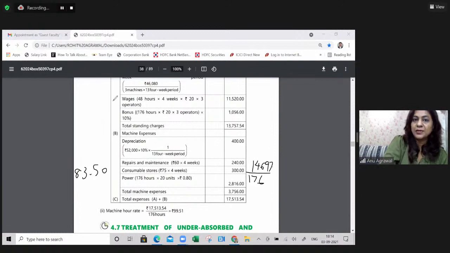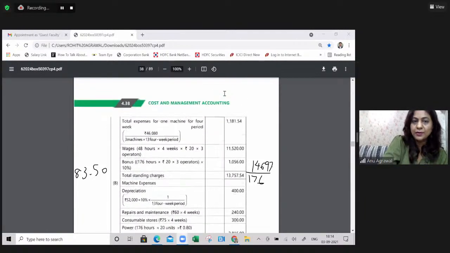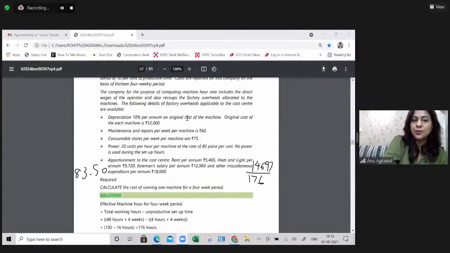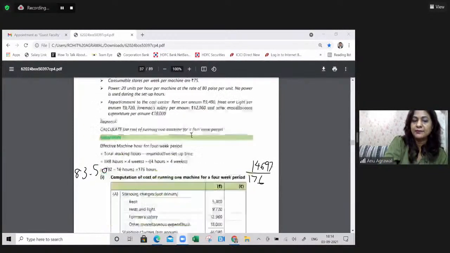And then I would have added for the power. So how much power do we require? What's given in the question? Power is 20 units per hour at the rate of 80 paisa per unit. Right.